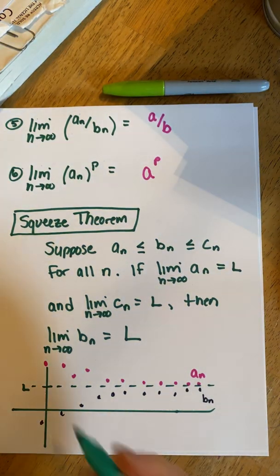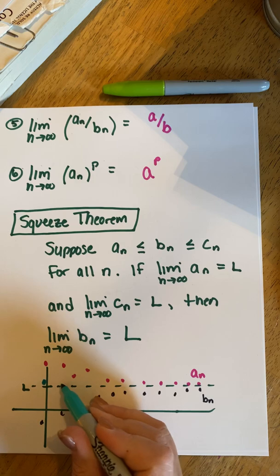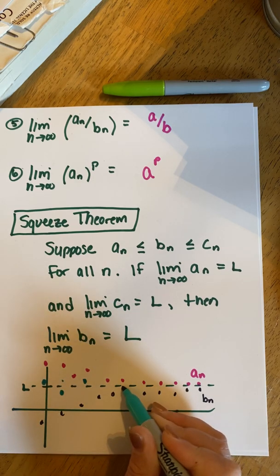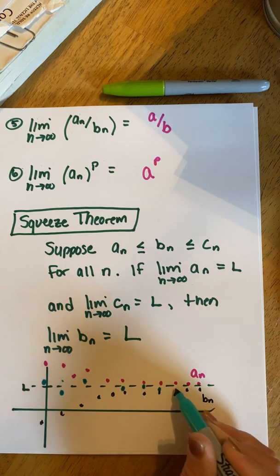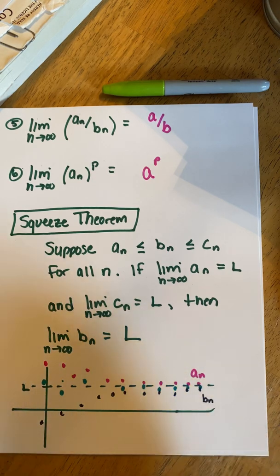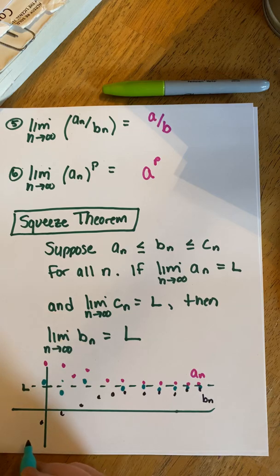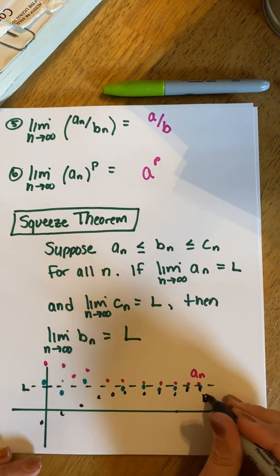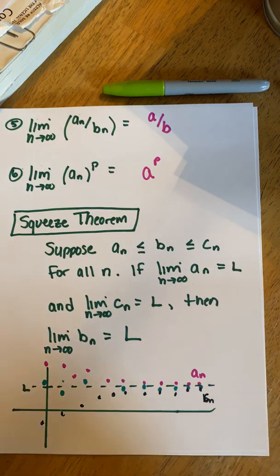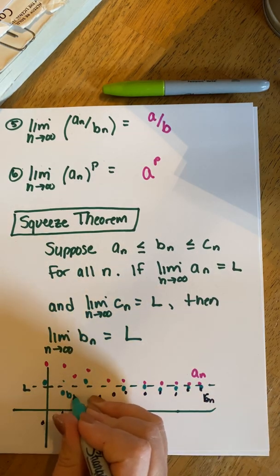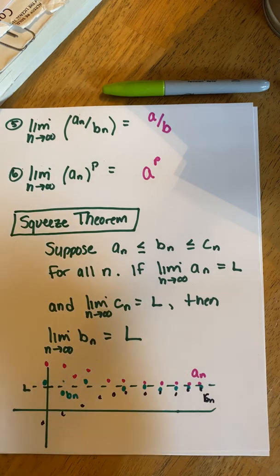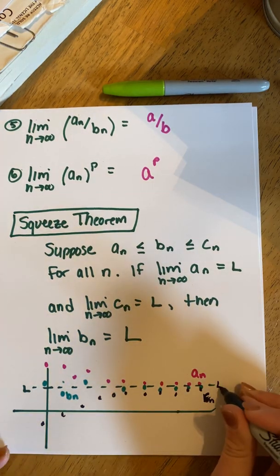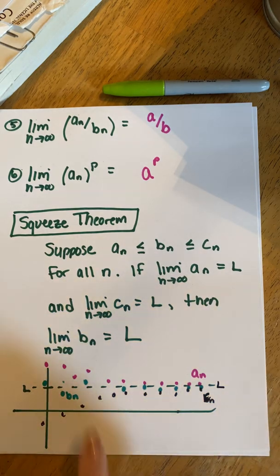So if an and cn both converge onto L, and bn falls between them, then the sequence bn must also converge onto L.